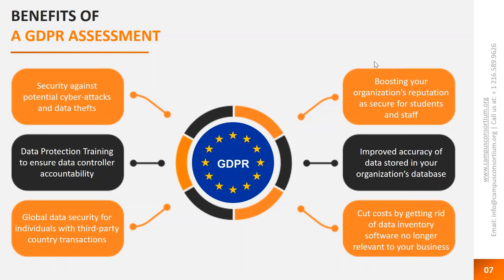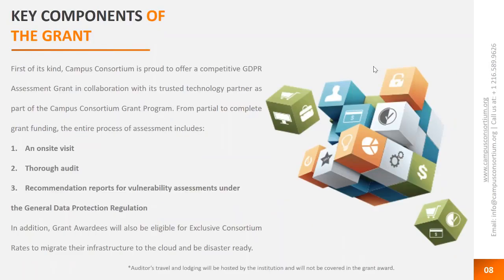Typically, the way the key components of the grant work is there's an assessment, or a discovery, that can be done remotely through a set of questions. That's typically how this starts, in terms of capturing some information on people, processes, and technologies.